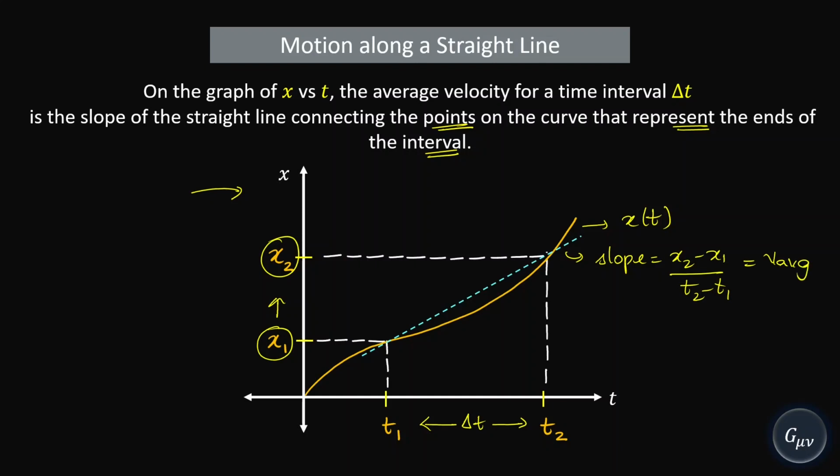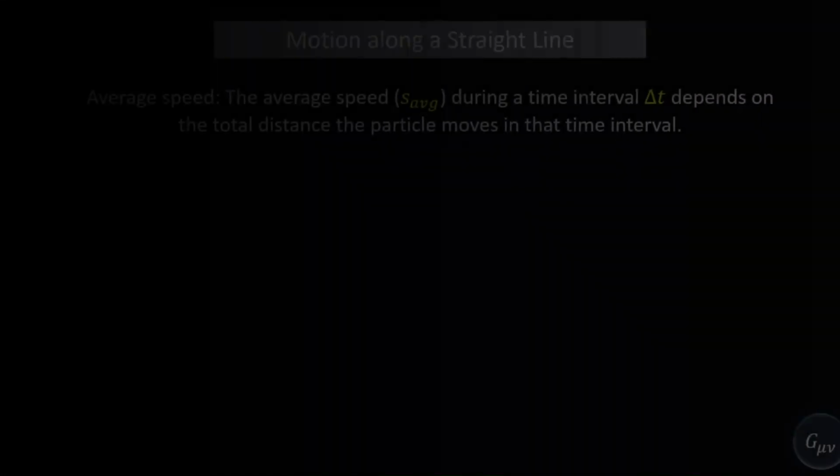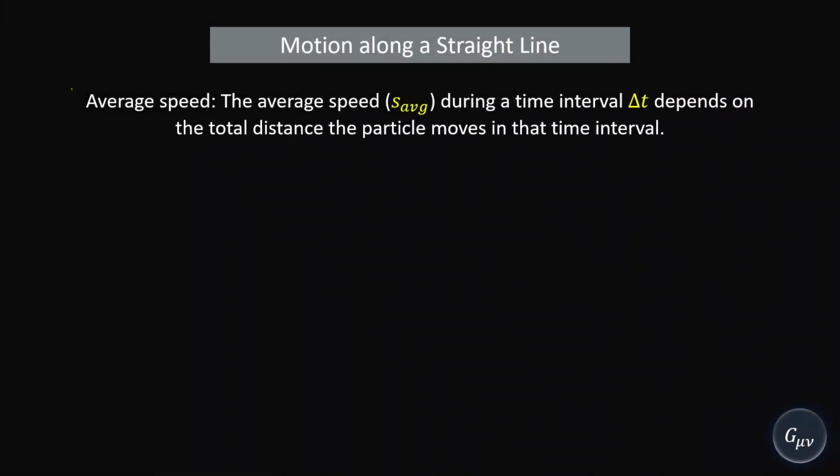Clear? Just like average velocity, we also have the average speed. The average speed s_avg of a particle during a time interval delta t depends on the total distance the particle moves in that time interval. So s_avg is equal to total distance in the numerator divided by delta t in the denominator.